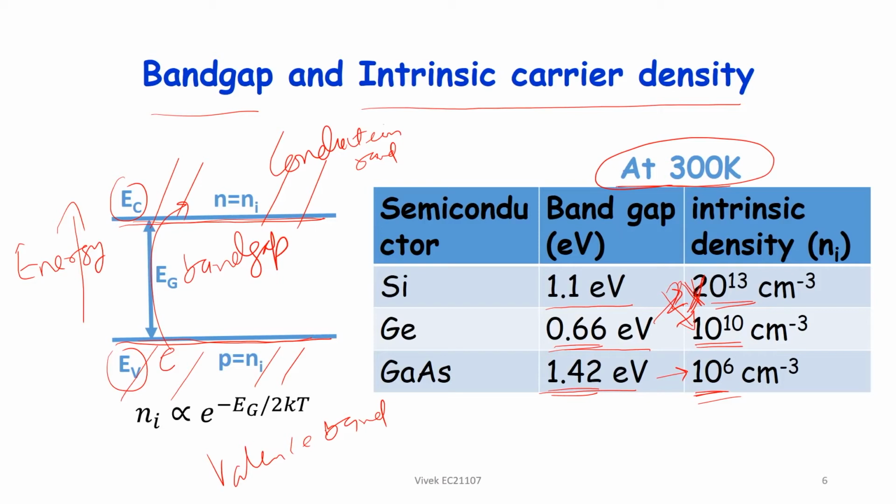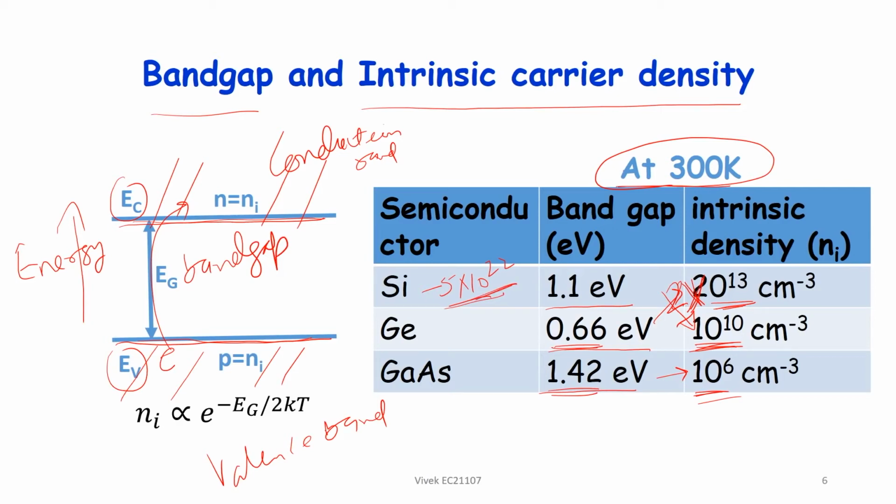Now this number may seem big, but if you look at silicon, how many atoms are there per cubic centimeter? 5 × 10 raised to power 22. And what is the intrinsic carrier concentration? 10 raised to power 10. So that means out of 10 raised to power 12 atoms, only one atom is giving an electron to the conduction band. So it's very less. This is typical at room temperature. But if you lower the band gap, as you see in germanium, it rises to 10 to the power 13, right? Now atom density may be slightly different, but definitely of the order of 10 to the power 22 only.